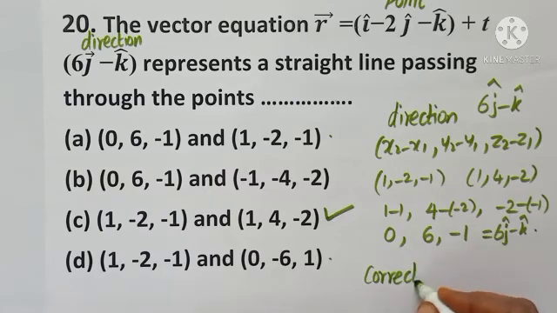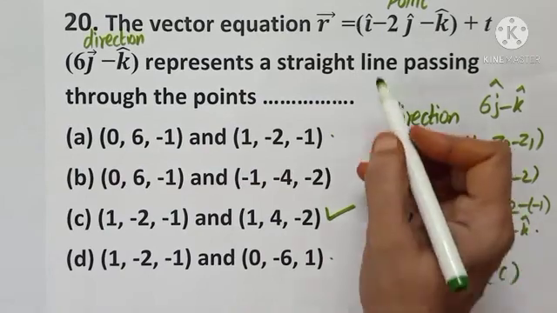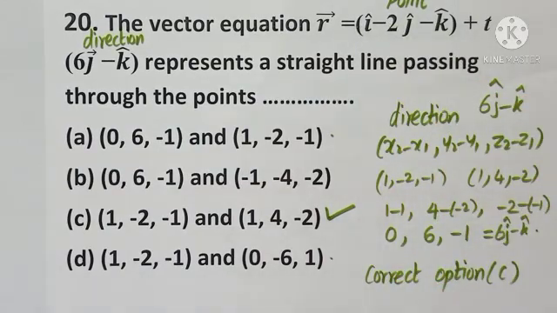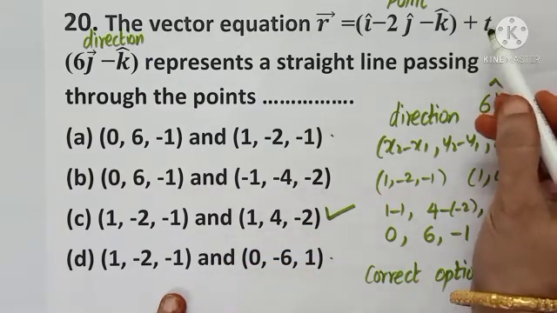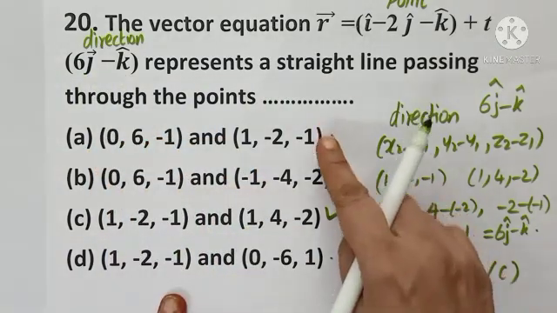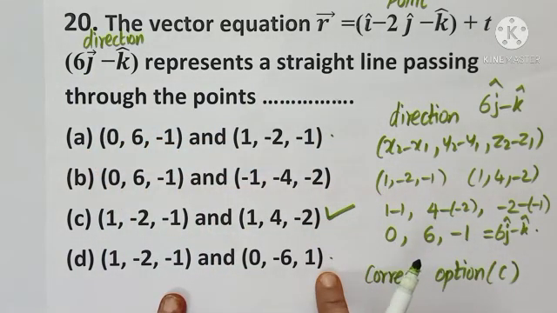So how did we find out? Very first thing, from the question I know 1, minus 2, minus 1 is a point which is coming in 3 options. The second idea is the direction, which is 6j minus k. Out of the 3 choices, check where this direction suits.